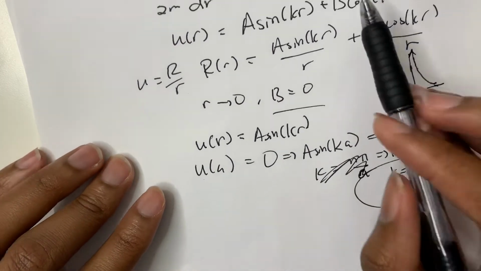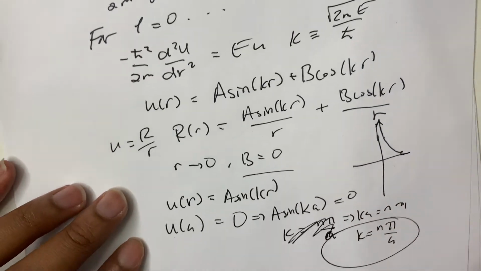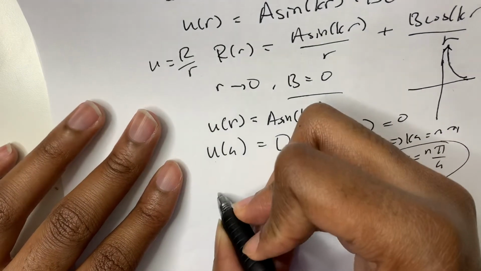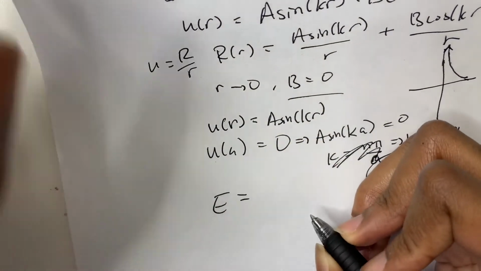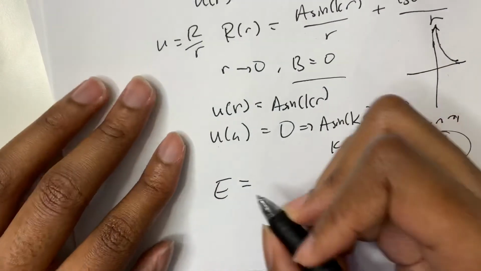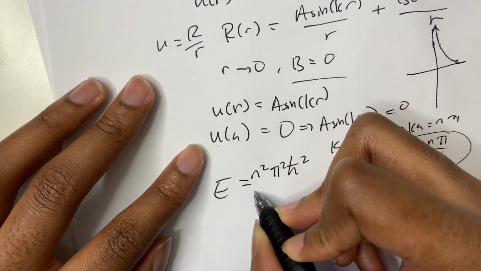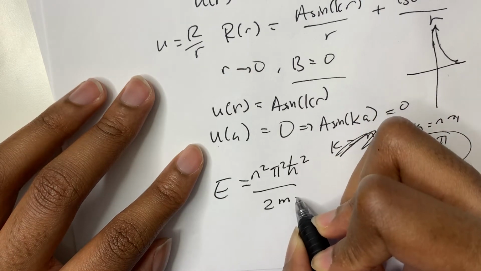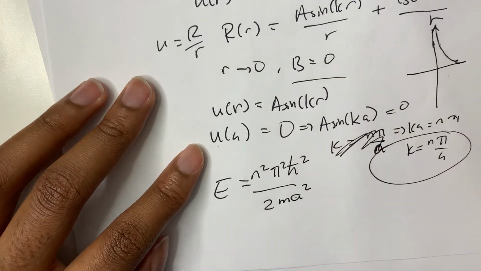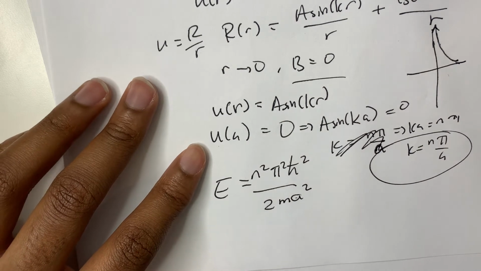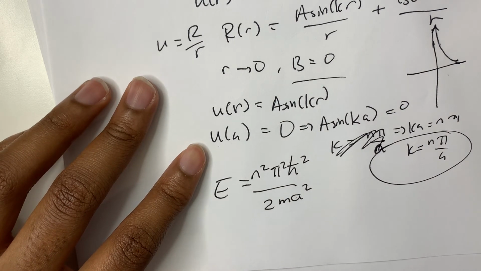And remember that k is also the square root of 2mE over h bar. So this actually implies that E equals n squared pi squared h bar squared over 2ma squared. Alright, just checking my notes to see if I have everything correct. Yes.